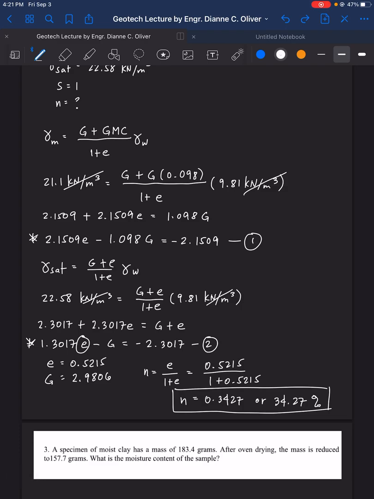Okay, let's go to number 3. A specimen of moist clay has a mass of 183.4 grams. After oven drying, the mass is reduced to 157.7 grams. What is the moisture content of the sample? So it's looking for the moisture content. Again, what's the formula for the moisture content?